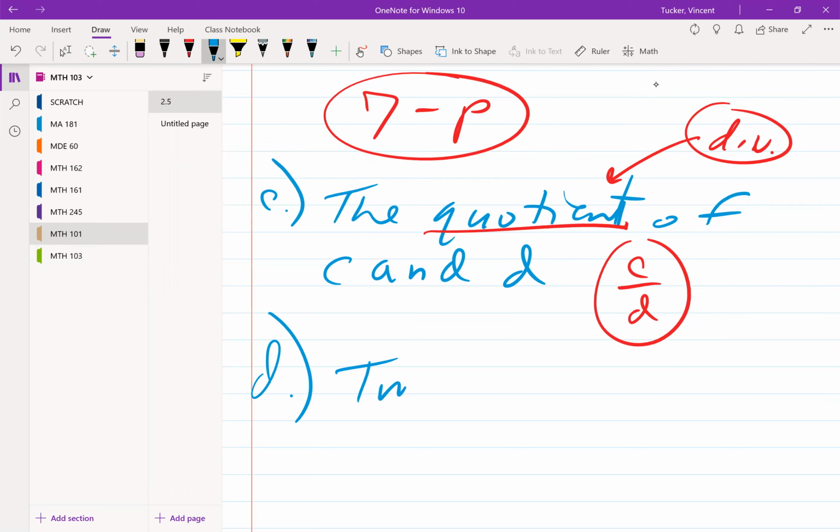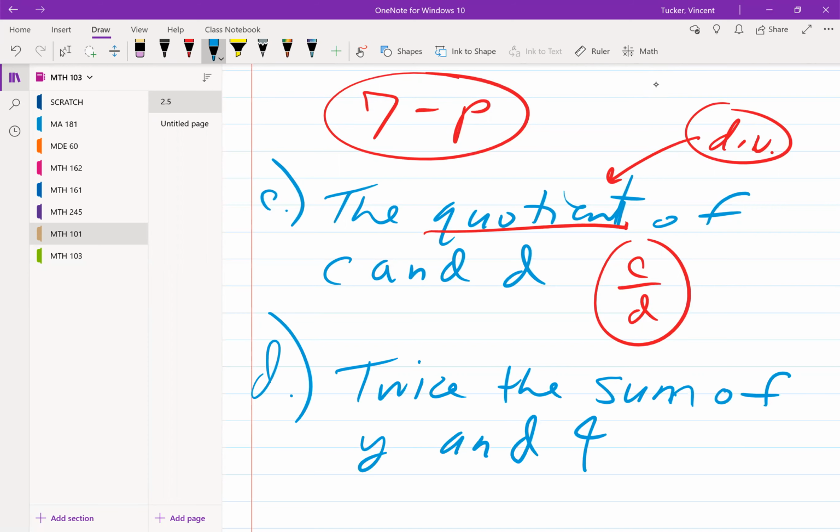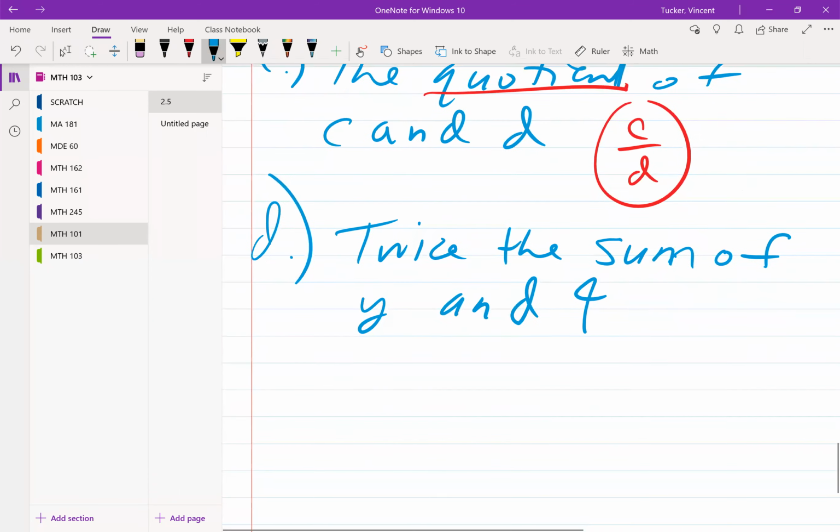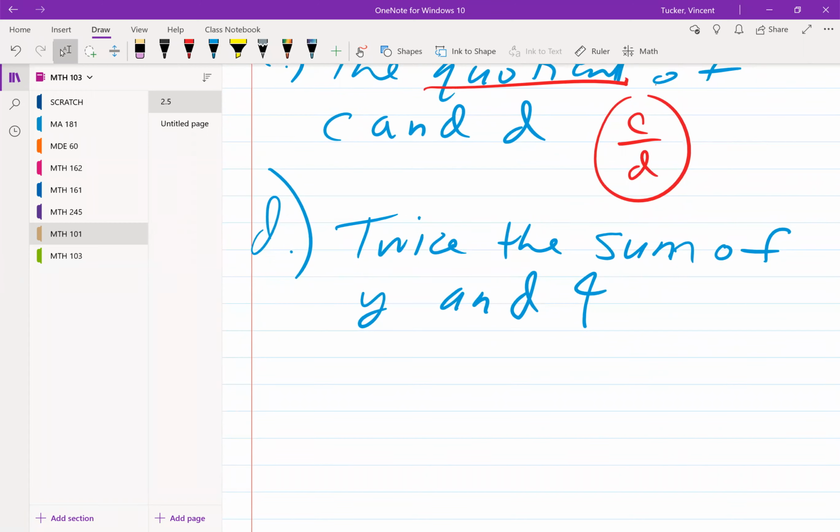Next one, twice the sum of y and 4. We've got to be careful here. Let's say if I wanted twice y, then that would be 2y.